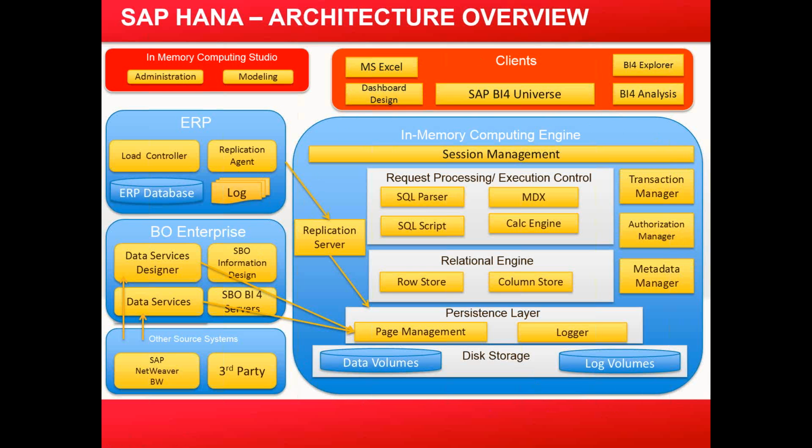So this ongoing storage of all the changes happens in the form of logs, and that's what gets stored into the log volumes. The actual data gets stored into the data volumes.